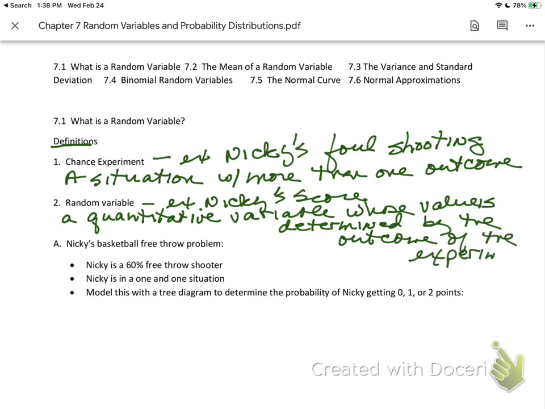Okay, so if the experiment is Nikki taking foul shots, the outcome is going to be the score. So if she makes it, she gets a point. If she doesn't make it, she doesn't get a point.